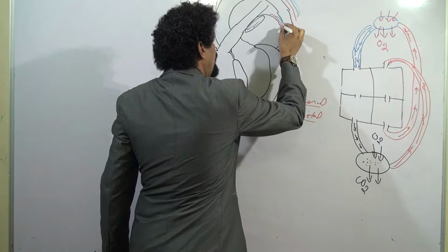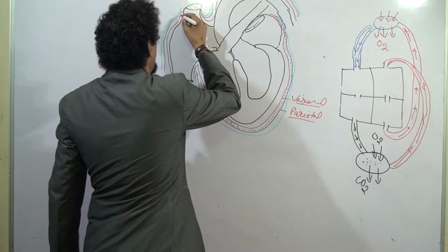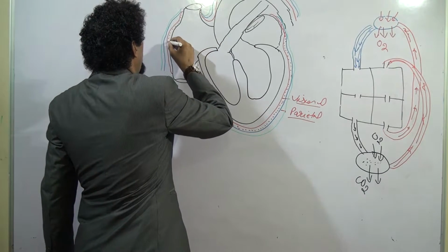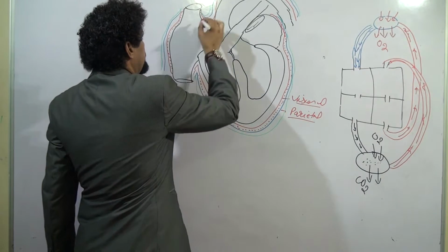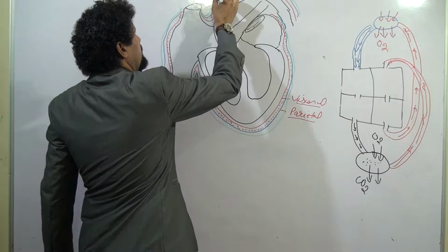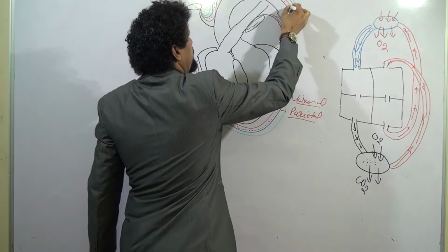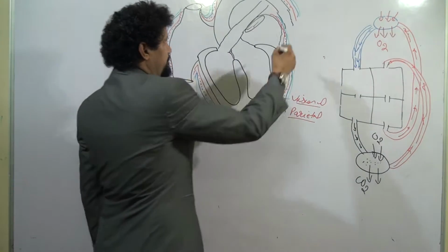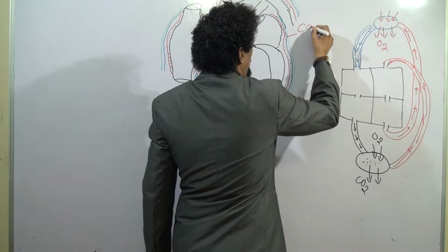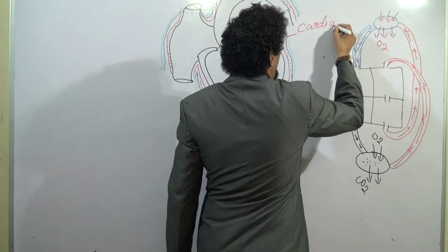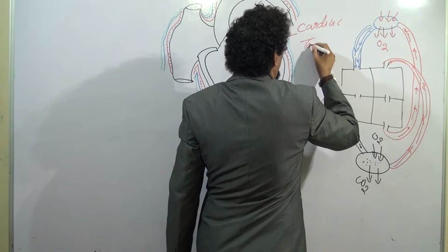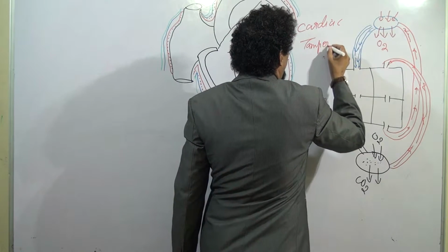When there is accumulation of fluid inside this pericardial cavity or pericardial sac, this condition is known as cardiac tamponade.